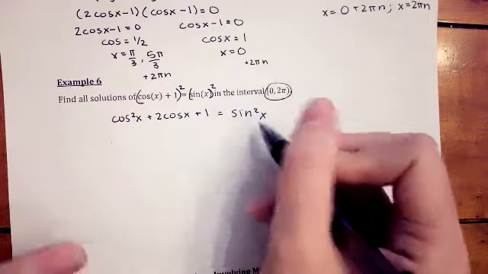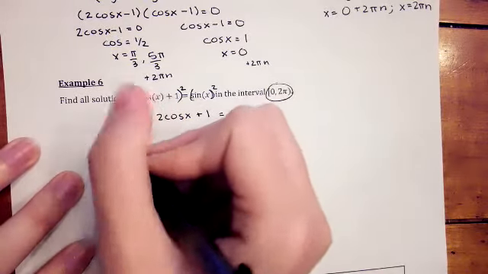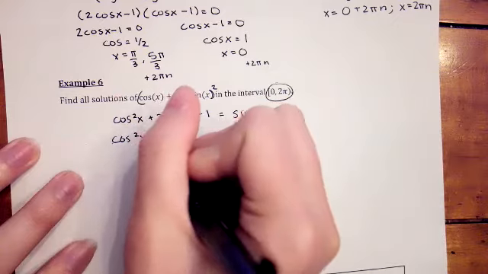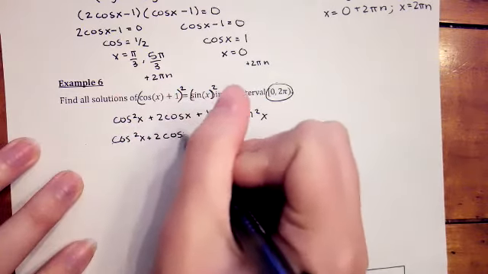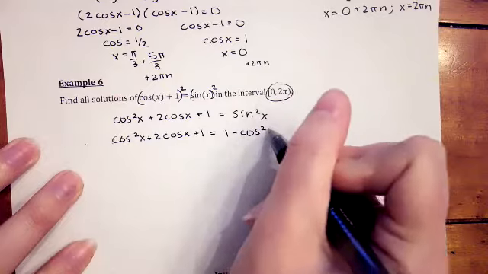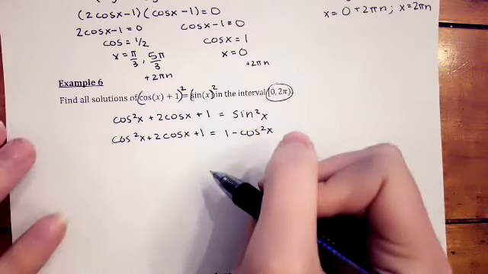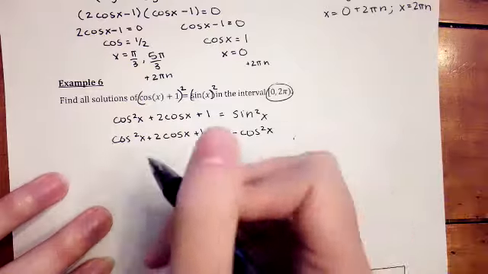Again, we're doing this because we want to get rid of the sine eventually. And we know that sine squared x is the same thing as saying 1 minus cosine squared.